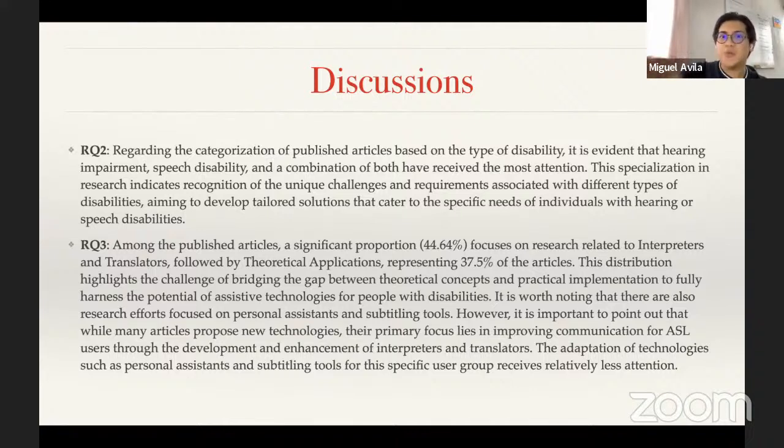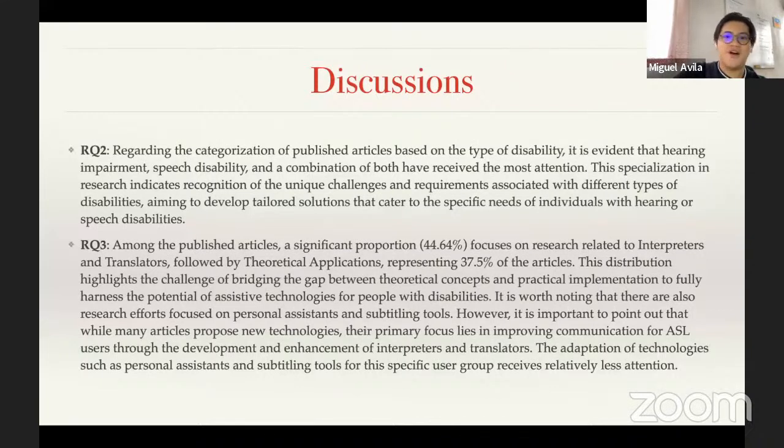So this specialization, as we can see in our research question, indicates the recognition of unique challenges and requirements in each disability. So basically, the research is only or primarily focusing on one of the disabilities.